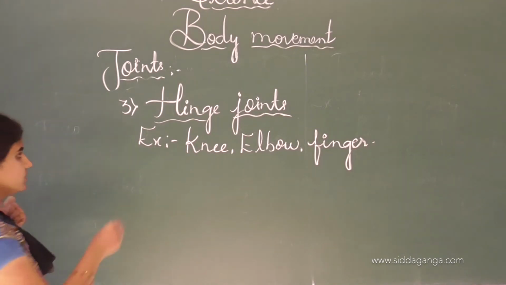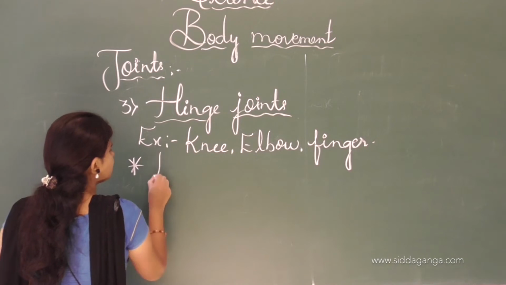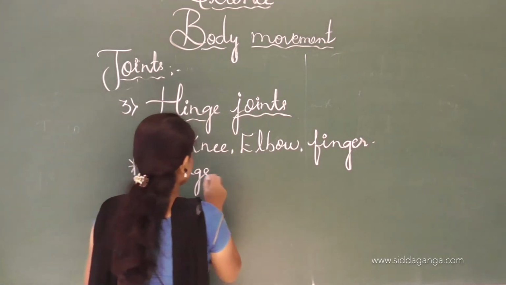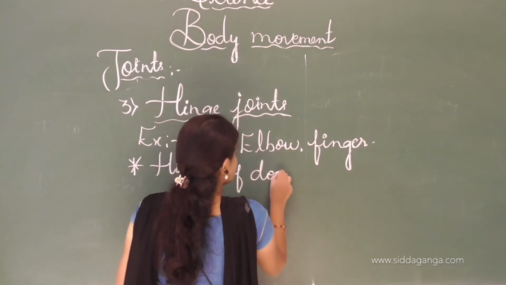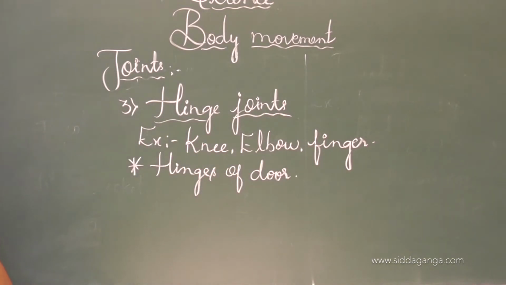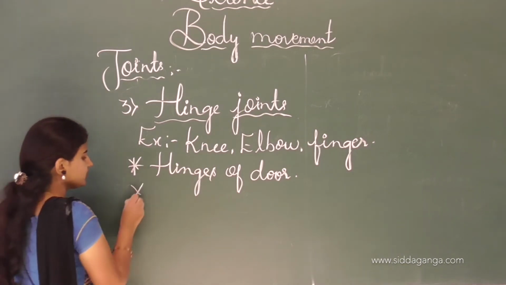See, these hinge joints form the hinges of the door, as I told you by drawing the diagram. Hinges of a door, there is a small partition, and these joints allow the bone to move only in one direction.